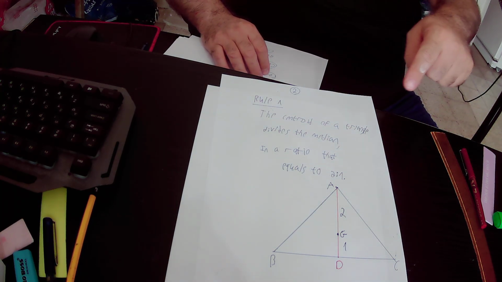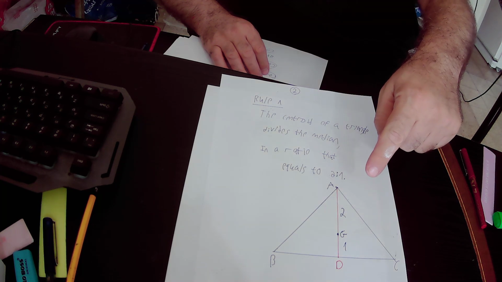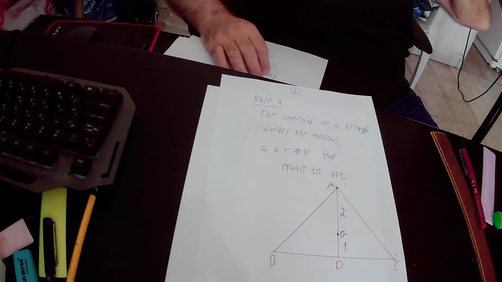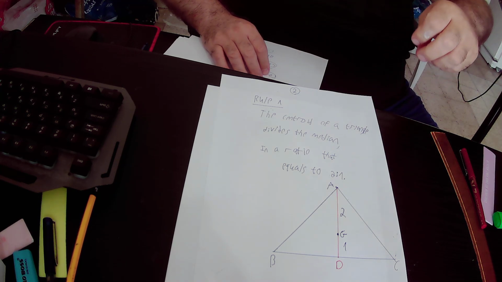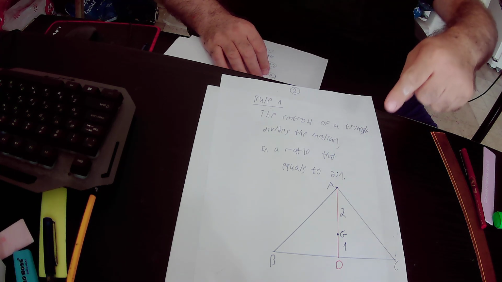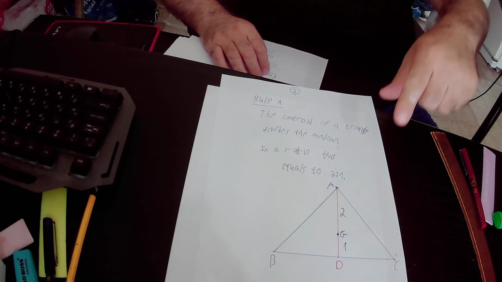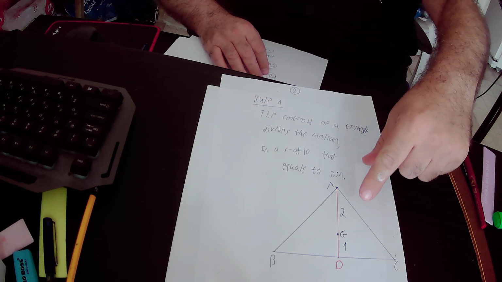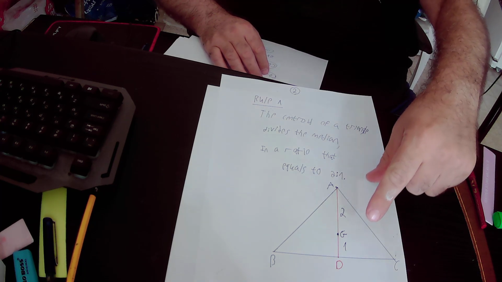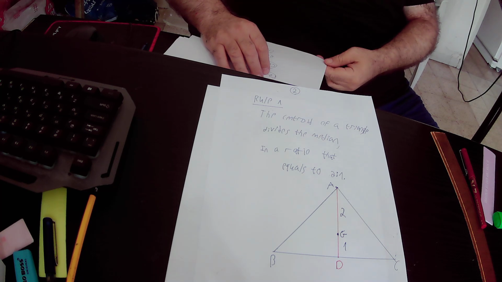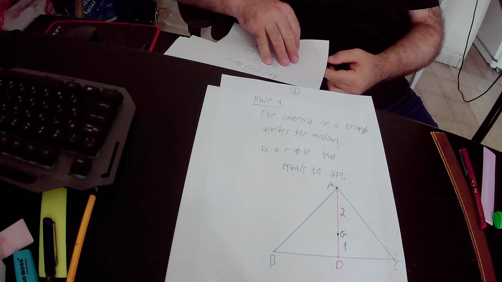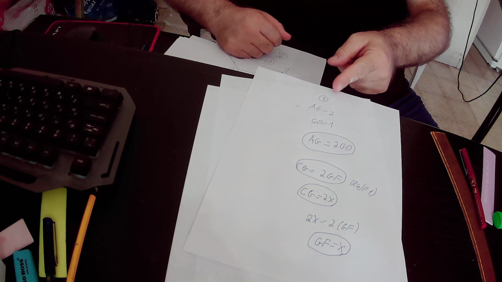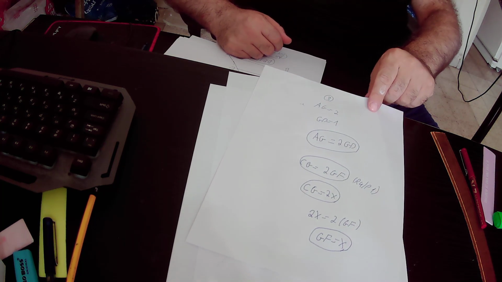And point G is the centroid of triangle ABC. So according to rule number 1, the centroid G divides the median AD in a ratio of 2 to 1. That is to say, if AG equals 2 units, then GD will be equal to 1 unit.